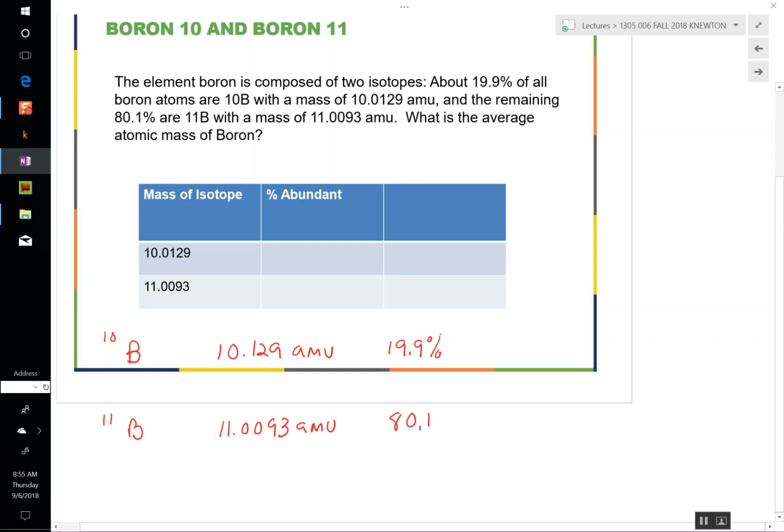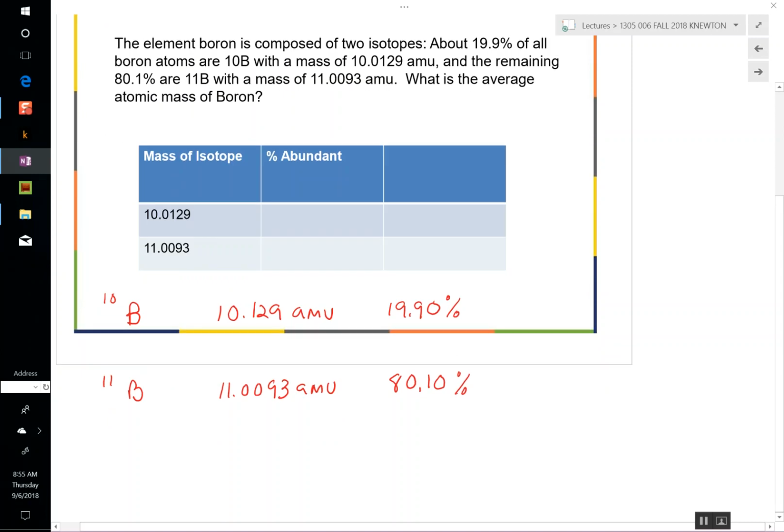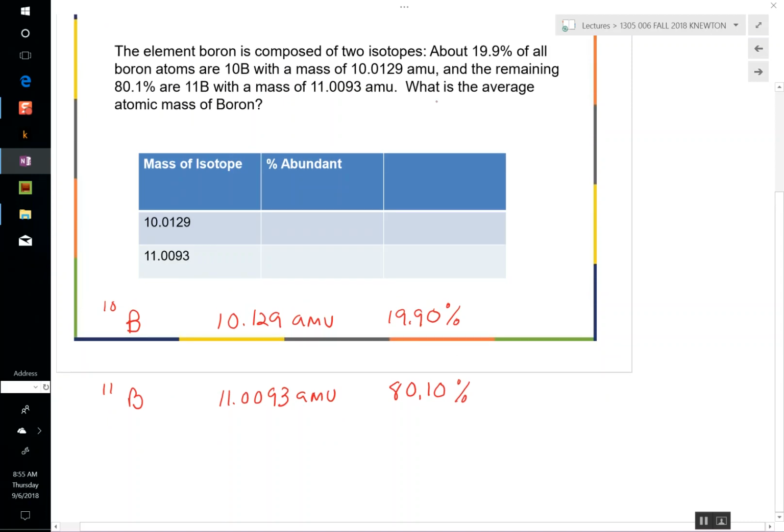And I'm going to just promote these up to 4 significant figures. That's the relative abundance of these. And what we want to calculate is the average atomic mass of boron. How do we do that?